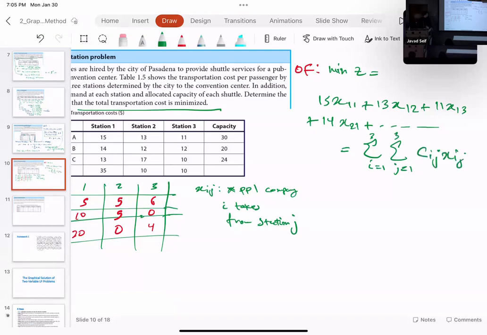That looks confusing, but it's very easy. Remember, these were Xij, these are Cij. C11, cost of taking one person from company one from a station. So this is C11, C12, C13, C21, C22, C23.